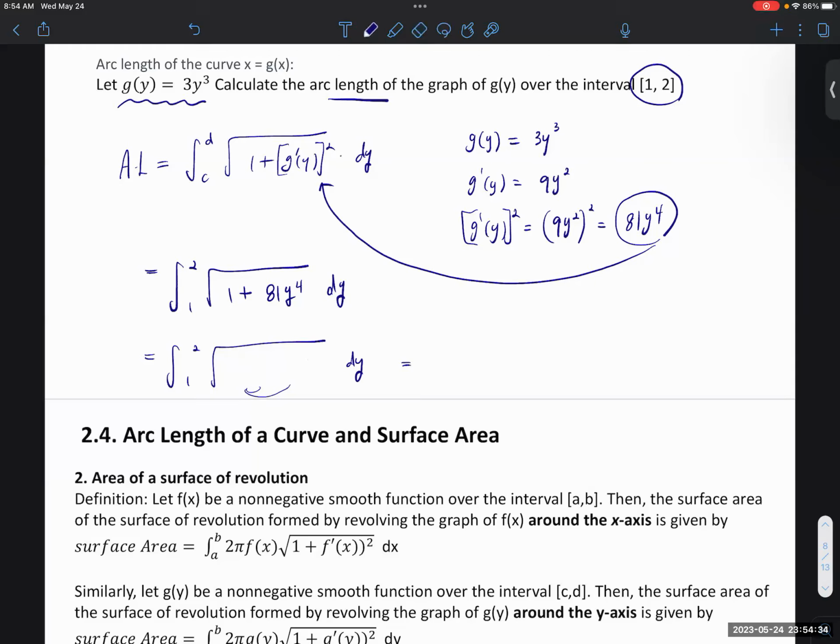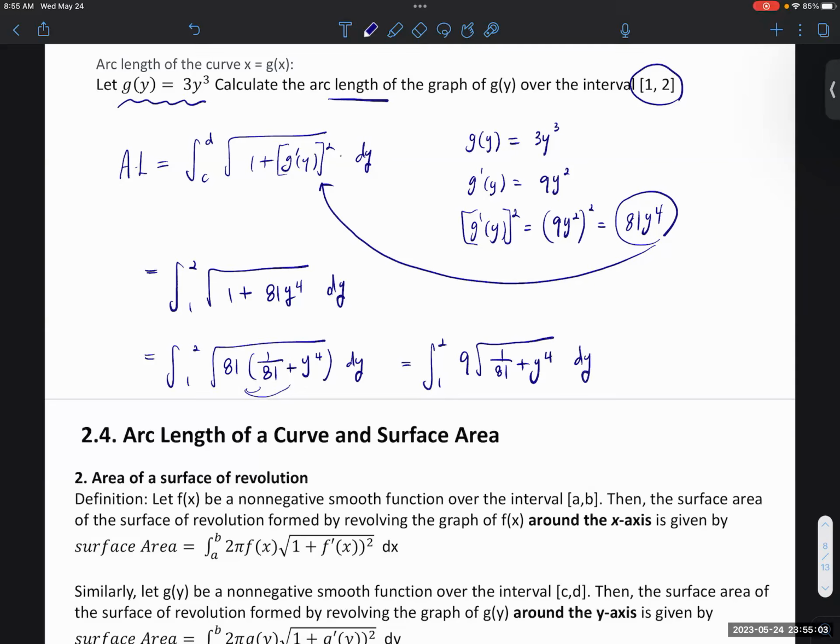You're going to factor out 81. Then this is going to be 1 over 81, and then y to the 4th. That's better, right? So the square root of 81 becomes 9. So we have 9 times the integral of the square root of 1 over 81 plus y to the 4, dy.